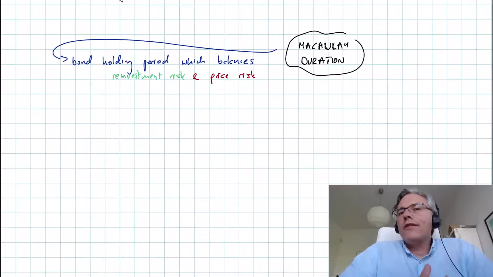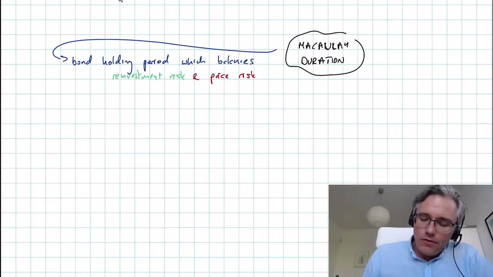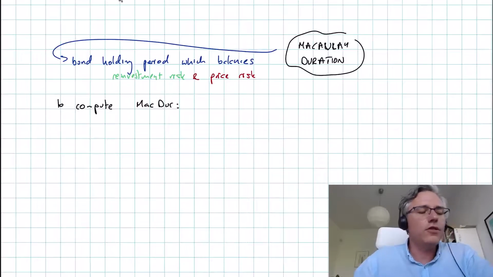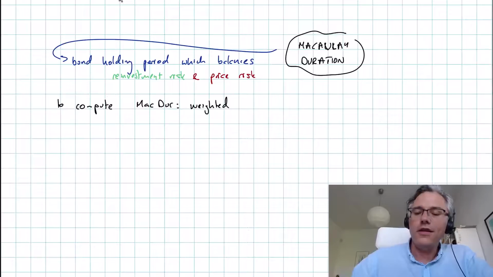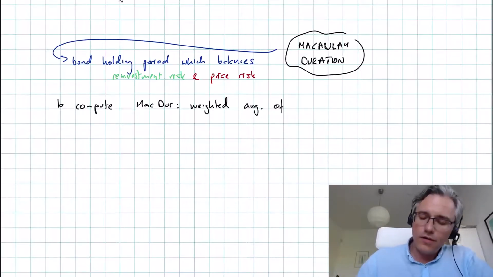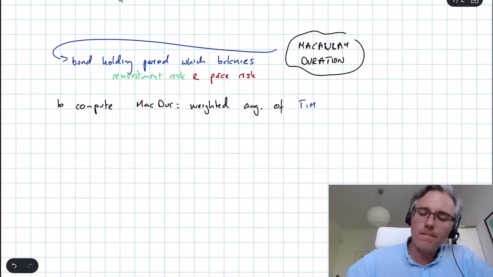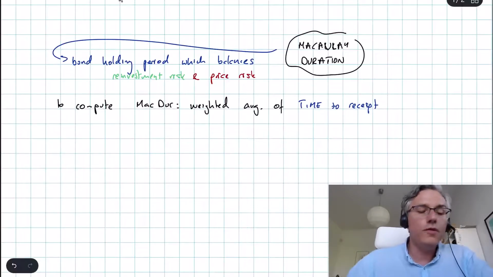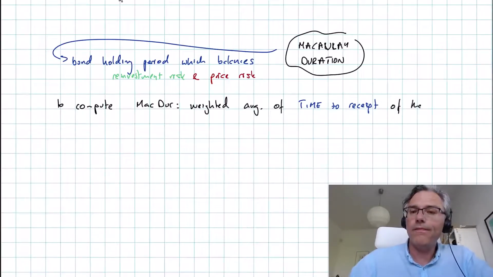Now, that is the definition, or the kind of application. How do you actually compute Macaulay duration? This is what we're going to be doing in this lesson. To compute Macaulay duration, you have to take into account the fact that it is actually the weighted average of the time to receipt of the bond's cash flows, one by one.